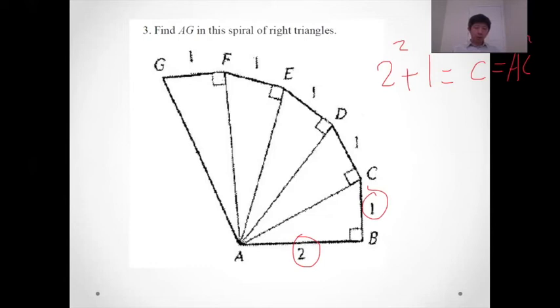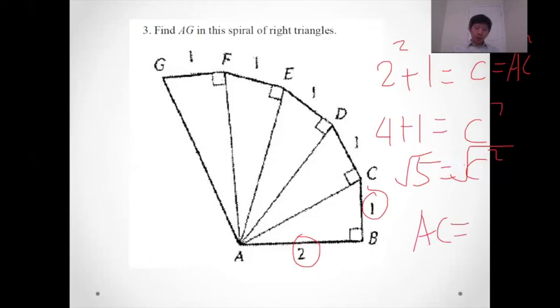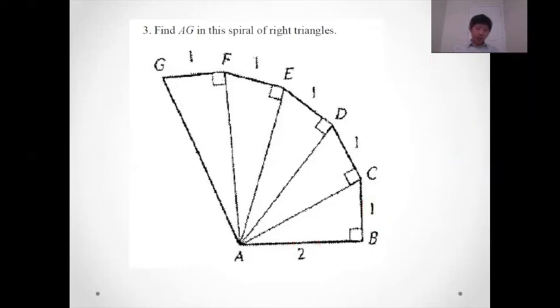So therefore, we have 4 plus 1 equals C squared, 5 equals C squared. So C actually is AC, so take the square root of both sides. AC is equal to the square root of 5. So this is square root of 5, okay?